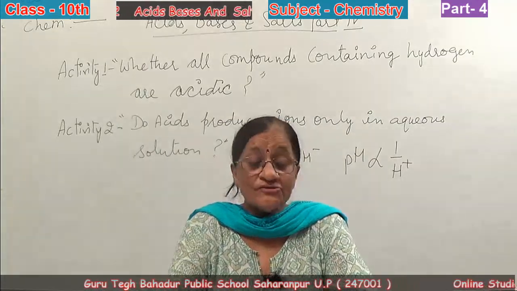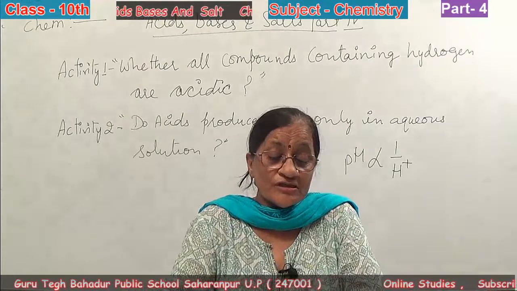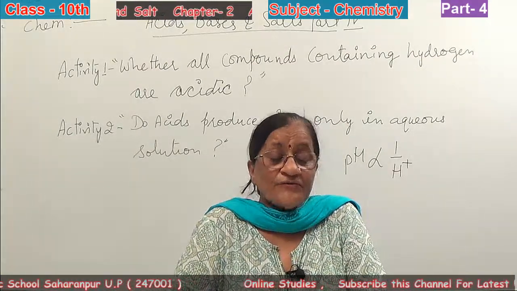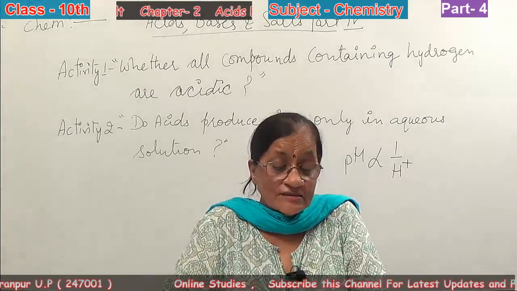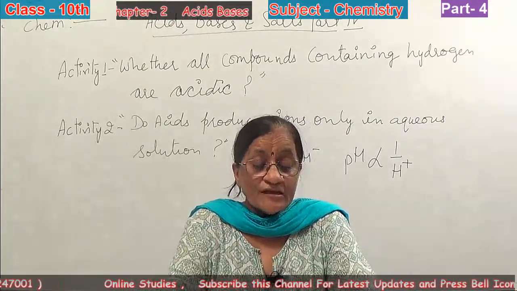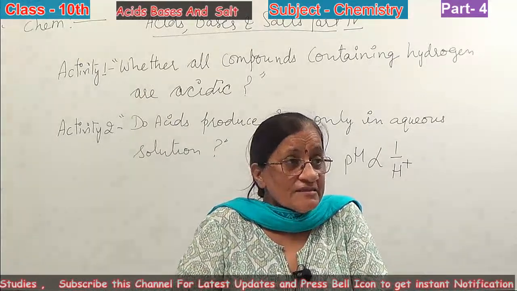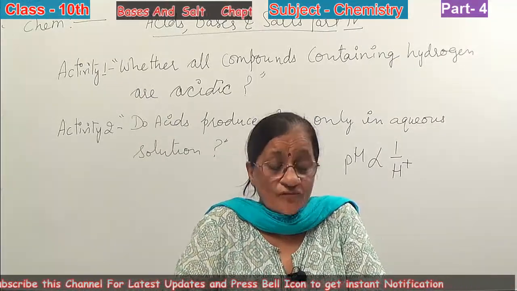This means if the pH of a solution is 2, it is more acidic, and if it is 6, it is less acidic. In a similar way, if pH is 8, it is less basic, and if it is 13 or 14, it is more basic.